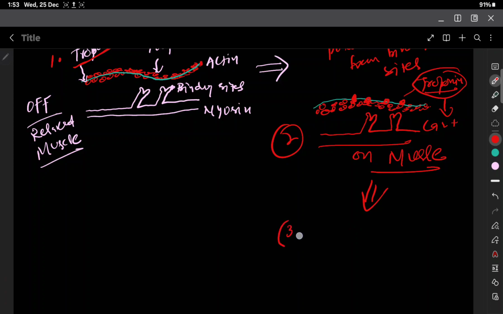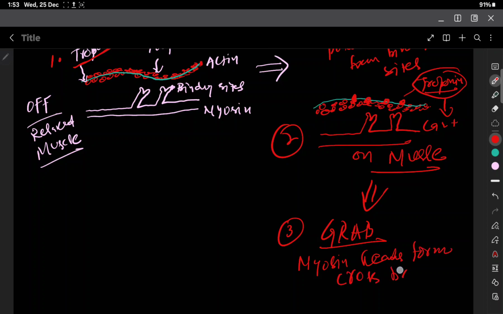This third step we call grab. So there will be grabbing, meaning myosin heads form cross bridges. How do they form the cross bridge?